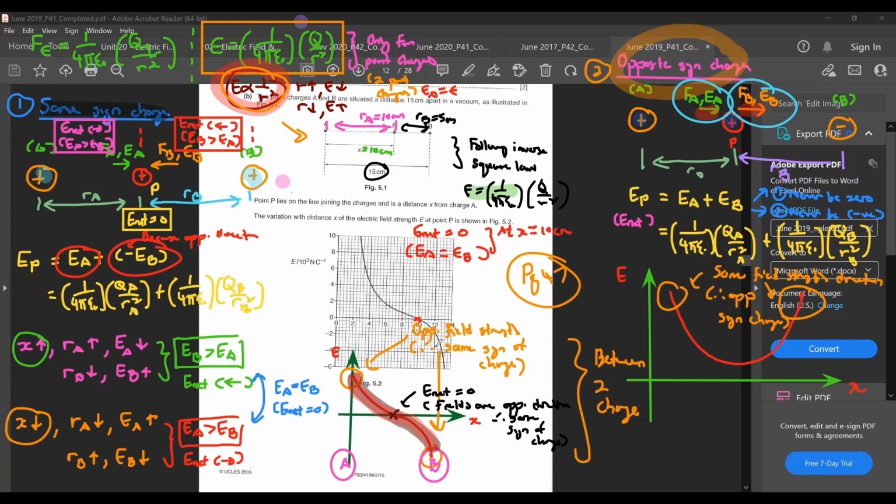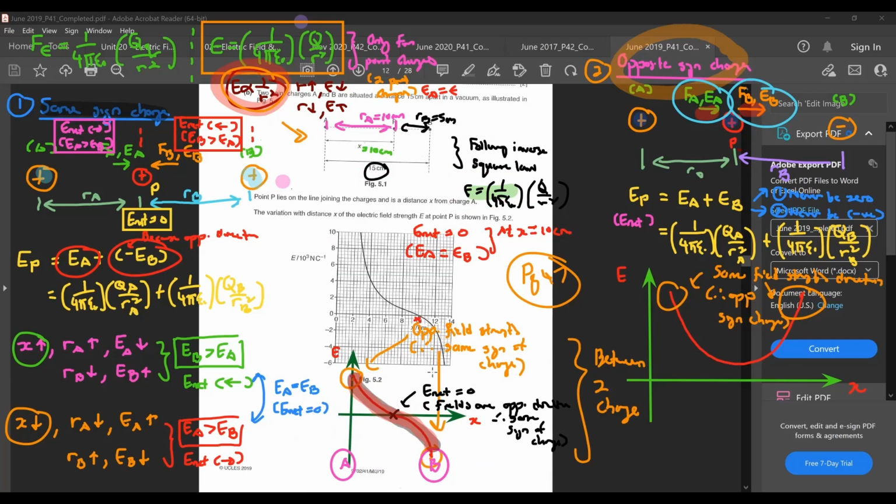Now if you try to find RA and RB from your graph, you might get your value wrong for RB. You see, if I erase this thing out for you, you may have thought that since this point here is where your E net is 0, this one is your RA equals 10 centimeter, and then this one is your RB. But you notice this one is 14 minus 10, which is 4 centimeter. It is different from the one above, isn't it?